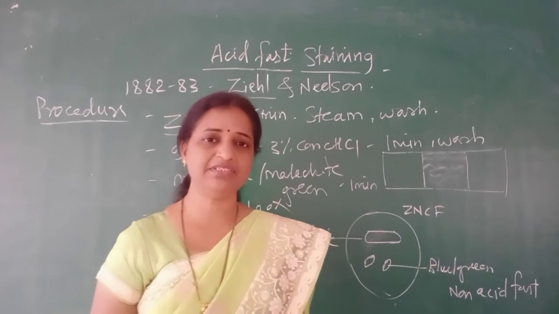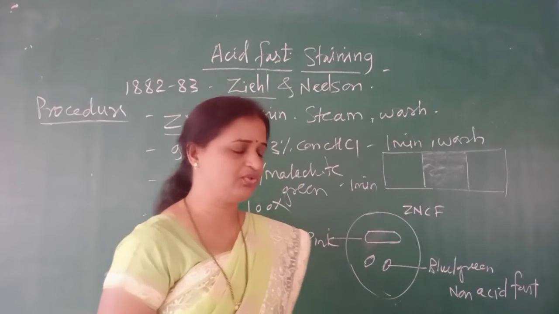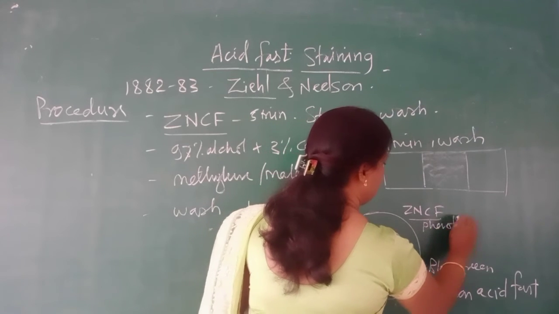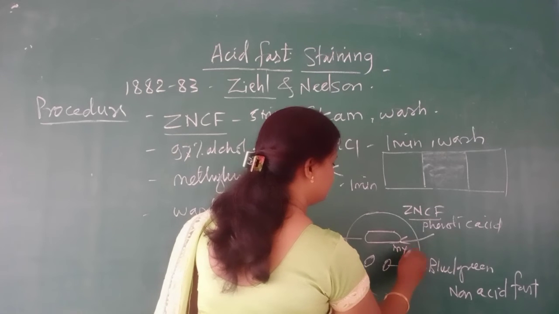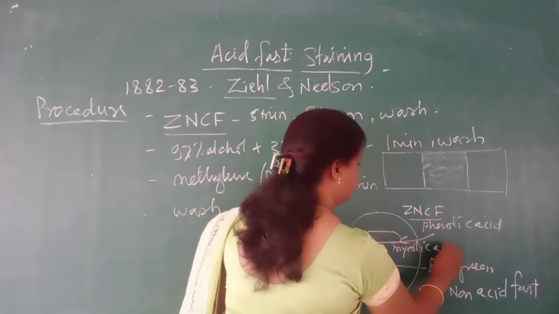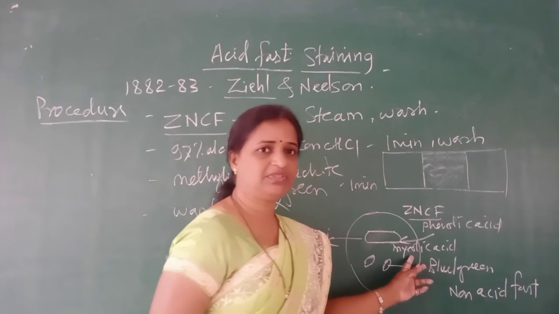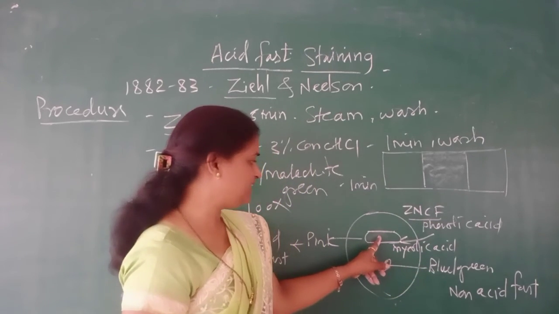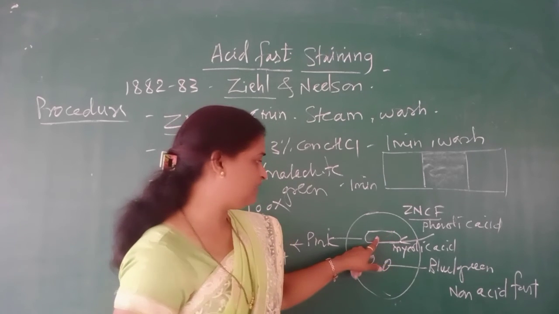ZnCF consists of carbolfuchsin as a basic dye, phenol as well as alcohol. So this phenolic stain has more affinity and more solubility towards the mycolic acid present in the cell wall of acid fast bacteria. It can easily enter into the acid fast bacteria and give the pink color.